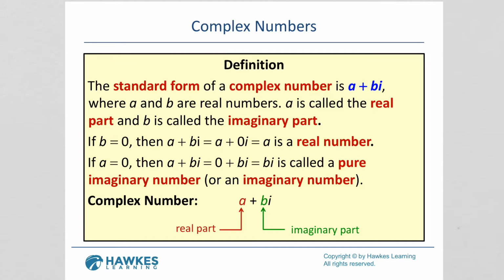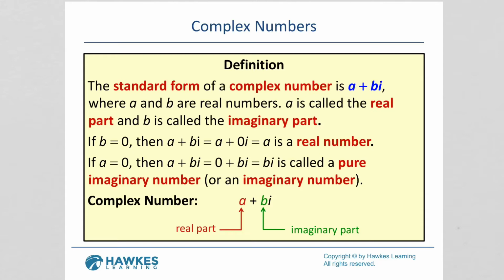For complex numbers, the definition is the standard form of a complex number is a plus bi, where a and b are real numbers. a is called the real part, and b is called the imaginary part. If b is equal to 0, then a plus bi is equal to a plus 0i, which is equal to a, and it's a real number.